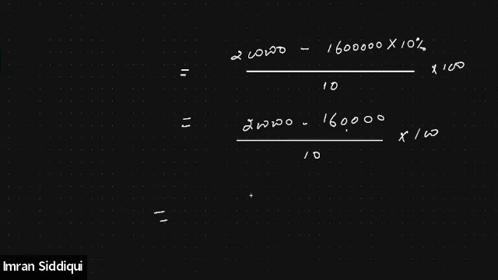On the numerator, we will have 40,000. Subtracting 160 out of 2 lakh, we will be left with 40,000 rupees, divided by 10 into 100. Cancelling out this 0 with this 0, the answer will be 4 lakhs.